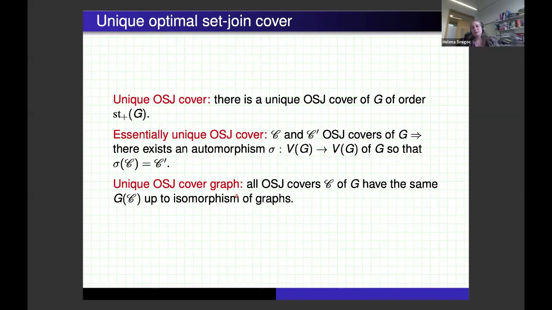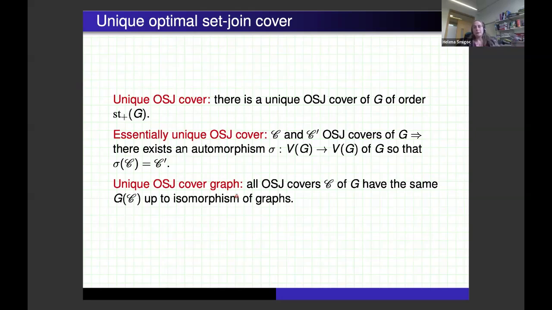The first one is the one we just say: unique optimal set rank cover. It has to be that one, precise one. So there's a unique cover of the graph. But a lot of the time we're thinking of graphs that have a lot of symmetry, and then it makes sense to think about essentially unique OSJ covers. And those are unique up to automorphism of graphs.